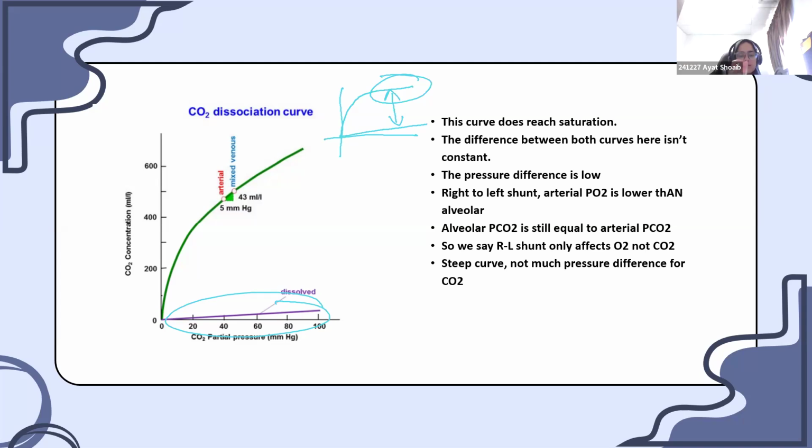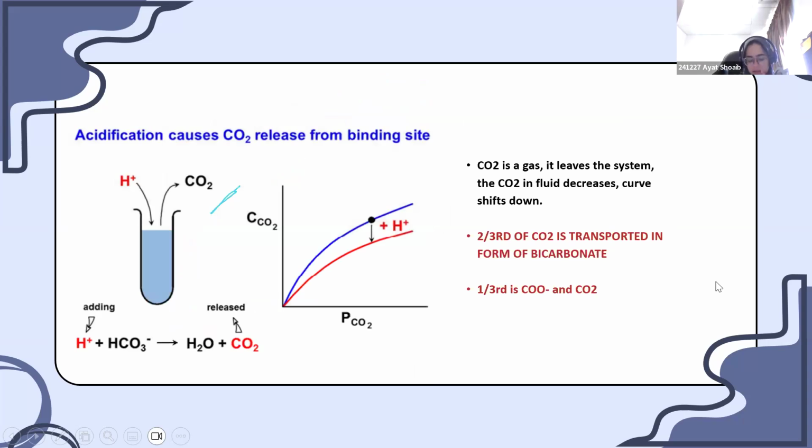If you have a small change in partial pressure, it's not gonna be overly dramatic and change all of its concentration, okay? So there is only 5 mmHg pressure difference and it does not change much. So there's a steep curve and it does not change much pressure difference for CO2. In O2 though, there was a huge difference because it's dramatic. It's like everybody needs me, so I'm going to be dramatic. Because what are they gonna do without me anyways?